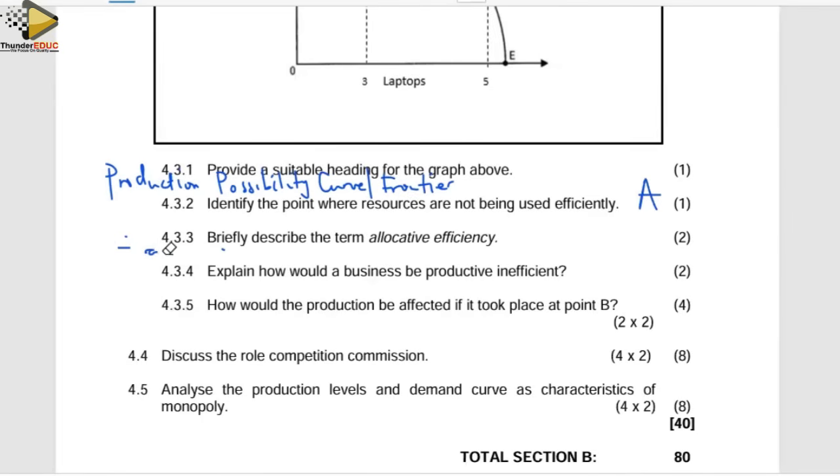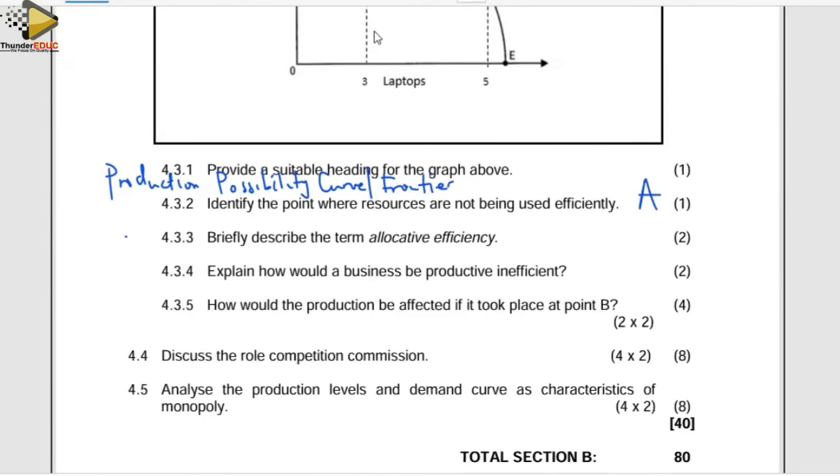I have to answer 4.3.3 first. It says describe the term allocative efficiency. We have productive efficiency and we have allocative efficiency. When we're talking about allocative, we are saying, are we allocating our resources efficiently? By allocating, we are asking, are we using our resources to produce exactly what is demanded by the consumers? That is allocative efficiency.